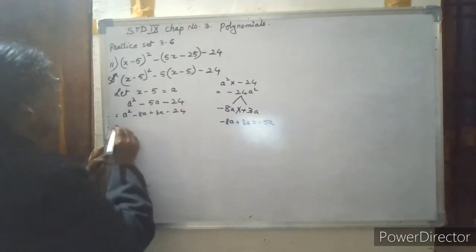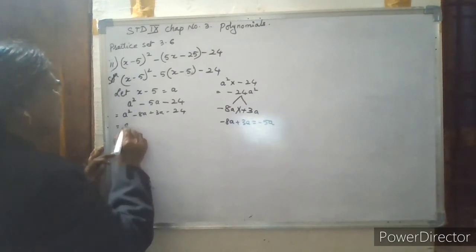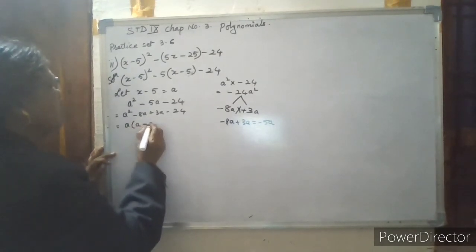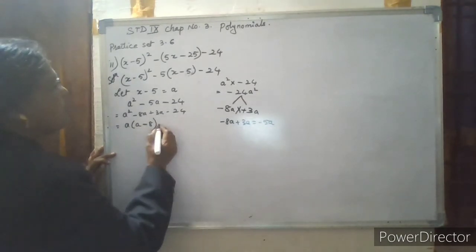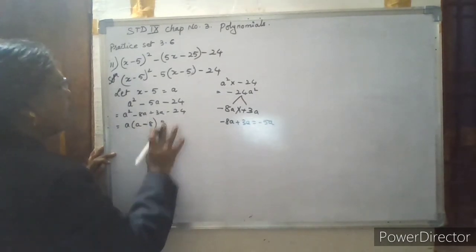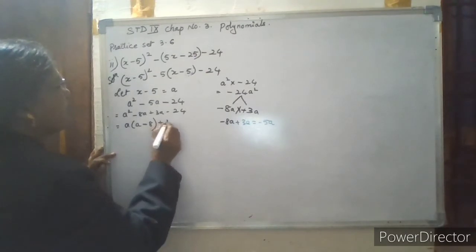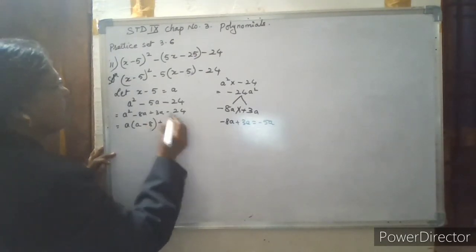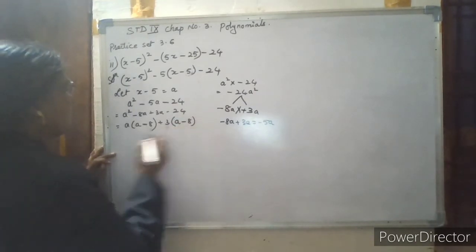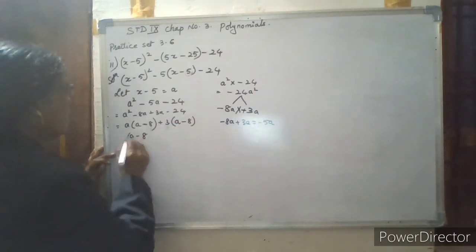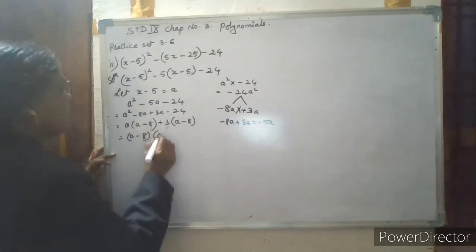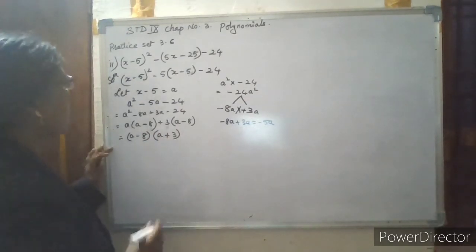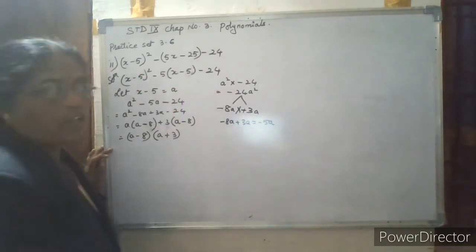Here in these two terms, a is common: a minus 8. In the next two terms, plus 3 is common: plus 3 into a, and plus 3 times minus 8 is minus 24. So a minus 8 is one factor, the other one is a plus 3. So we have got two factors. Again we can resubstitute, as in question number 1.